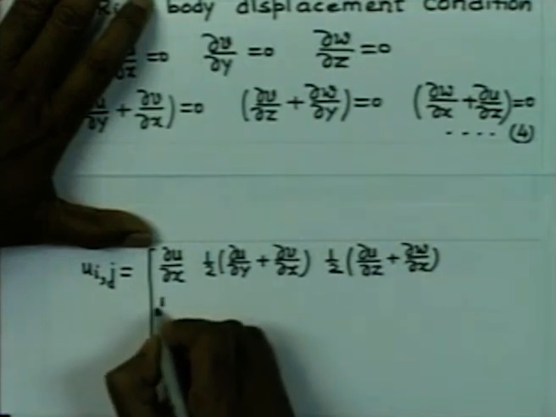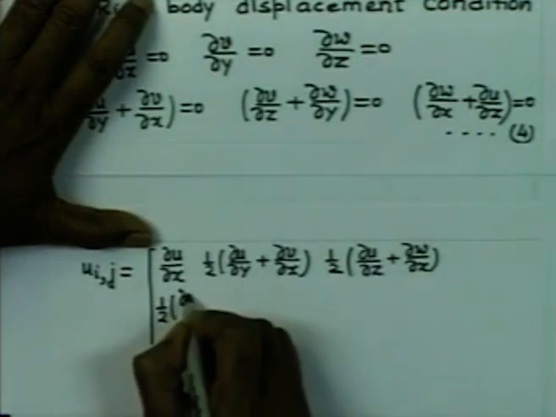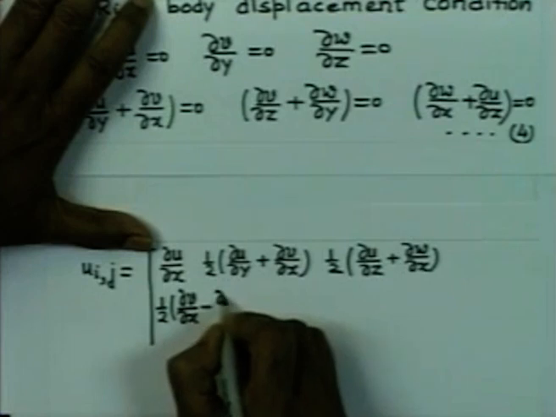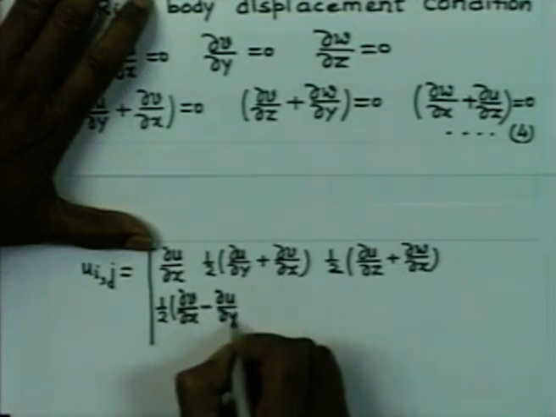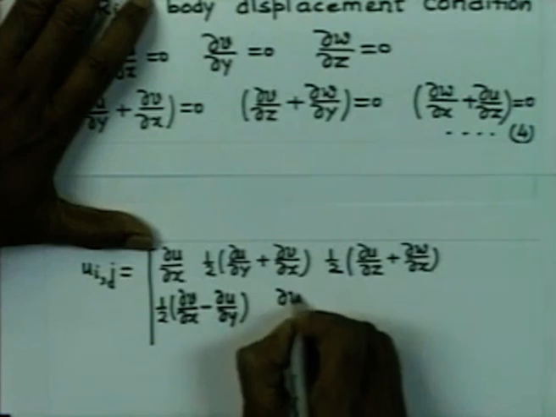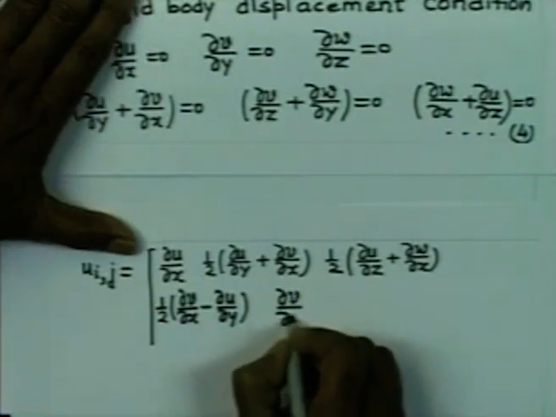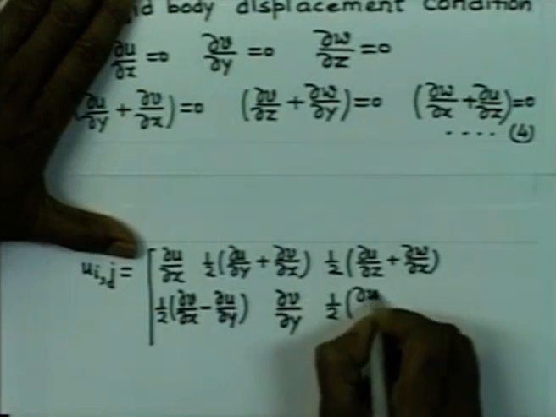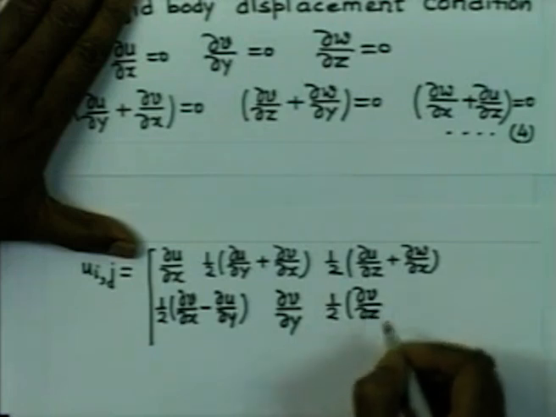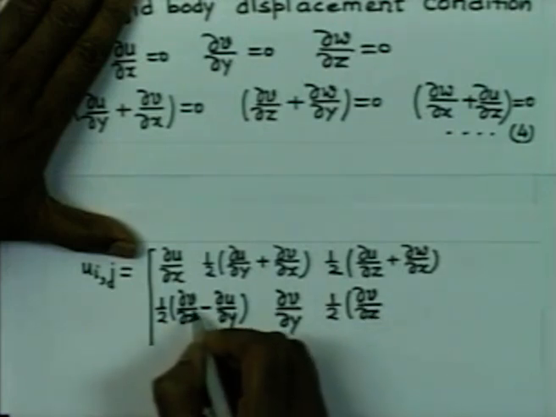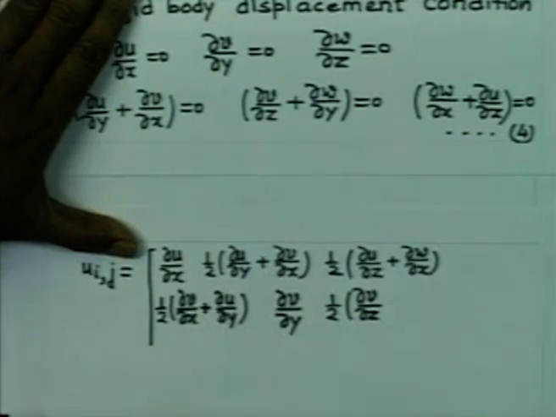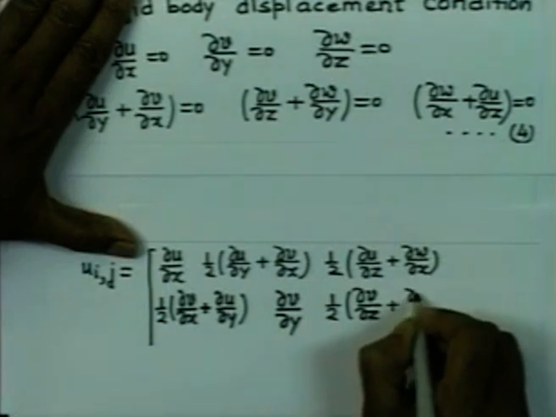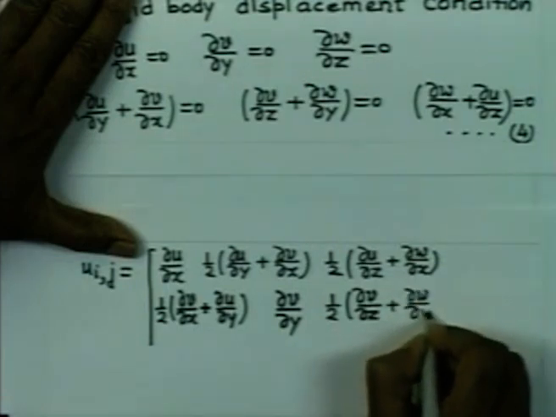Then we have half (δV/δX + δU/δY), δV/δY, half (δV/δZ, I am sorry, this is plus, I am sorry about that, this is plus δW/δY).